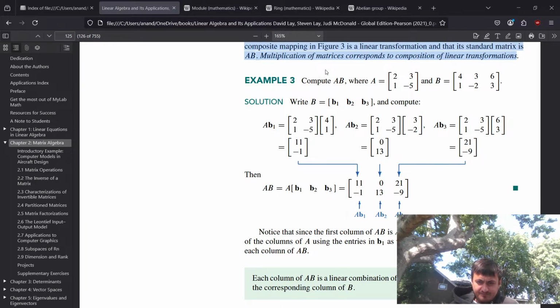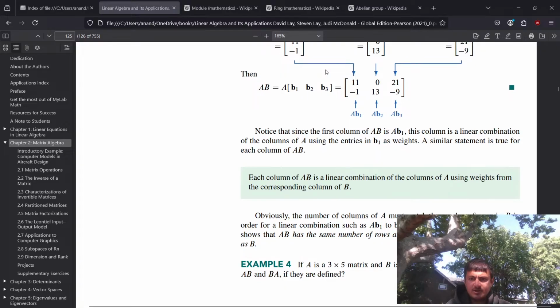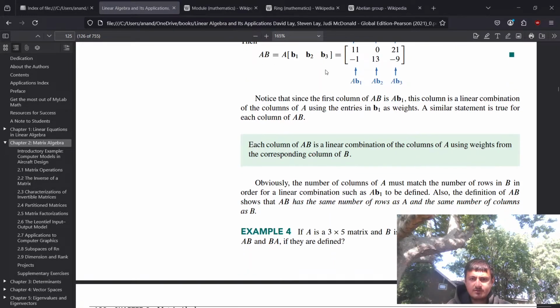So first column, so this is A and this is B, of AB is A times B1, which is a linear combination of columns of A. Every column of AB is a linear combination of the columns of A using weights from the corresponding column of B.